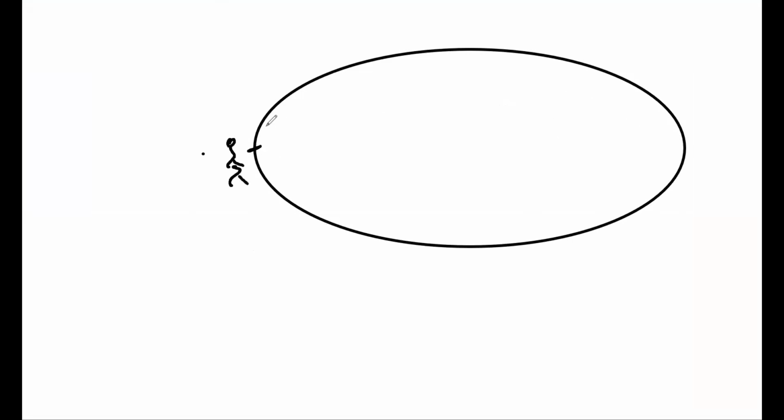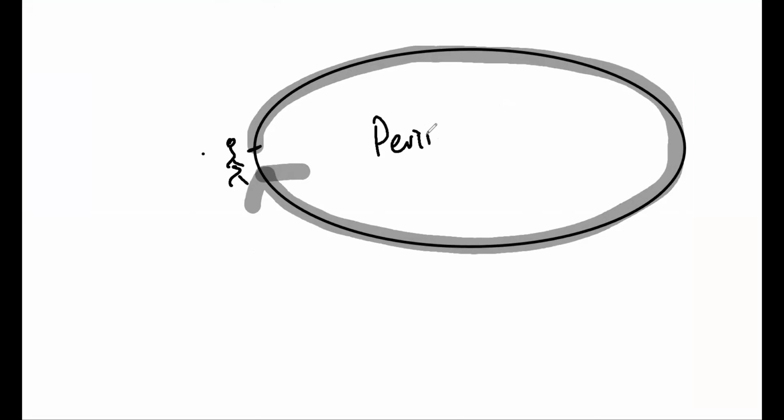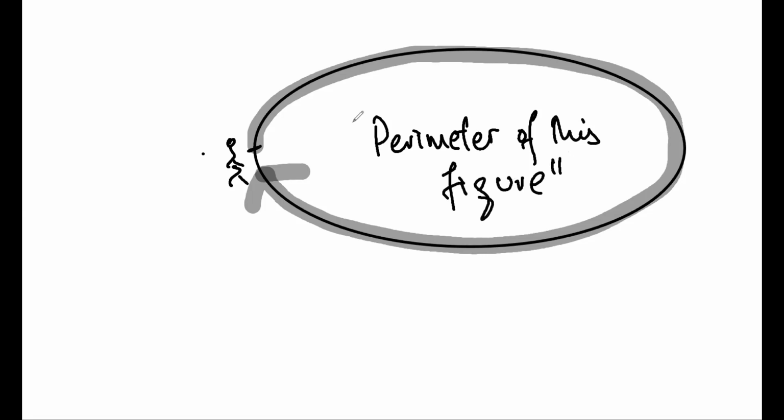Now, if I want to find the perimeter of this figure, all I need to do is go around this figure, and when I come back, the total distance that I have covered is the perimeter of this figure. Mr. Sarthak, any doubt? No, sir.